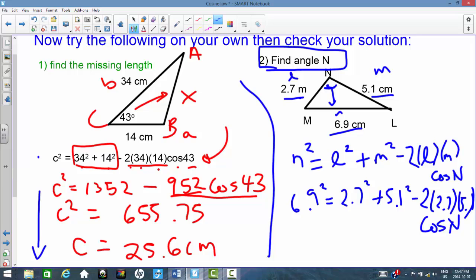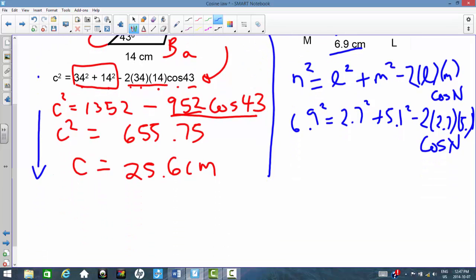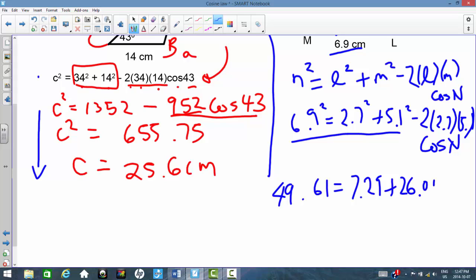Again, you're just checking your answers on here, so if mine's a little bit messy, I'm just going to leave it. And then I calculated out all of these squares, and that gave me 47.61 equals 7.29 plus 26.01 minus 27.54 cos n.